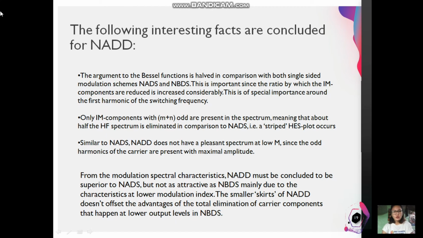Only IM components with odd order are present in the spectrum, meaning that about half the HF spectrum is eliminated in comparison to NADS, i.e. a striped HES plot occurs. So similar to NADS, NADD doesn't have the pleasant spectrum at low M, since the odd harmonics of the carrier are present with maximal amplitude.